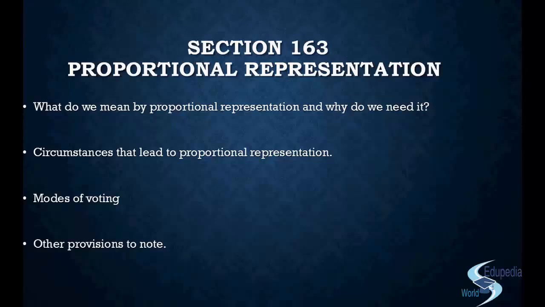Now, so far we have understood the provisions of section 163 and the provisions of proportional representation, right? We have understood that proportional representation has to be contained in your article. If not, you can make an application to the company law board, and if the company law board directs, then you will make an amendment to your article and appoint a director as per proportional representation.